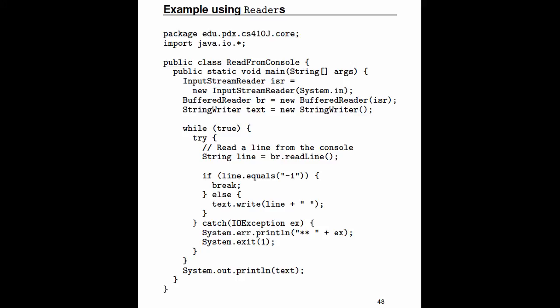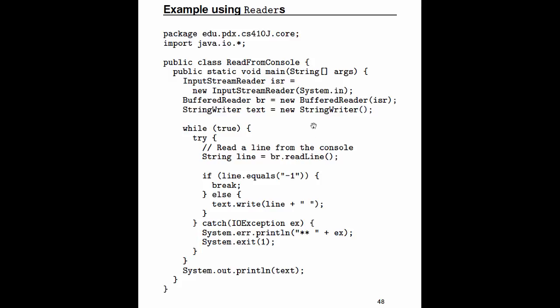So we basically need to use an adapter that will give us that reader functionality on top of an input stream. And the way we do that is we wrap an input stream reader around System.in, and now we've got an implementation of the reader interface or reader behavior that we can then work with.